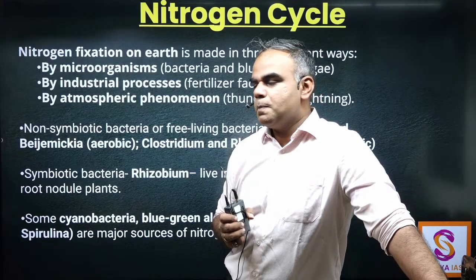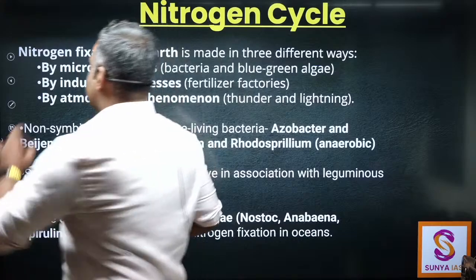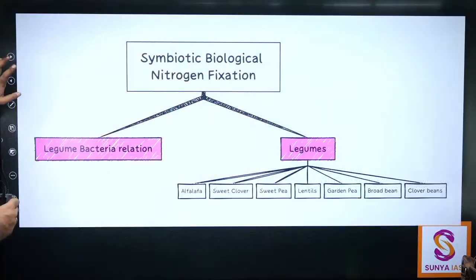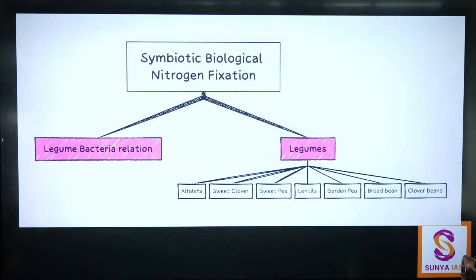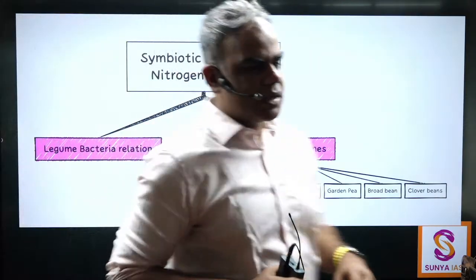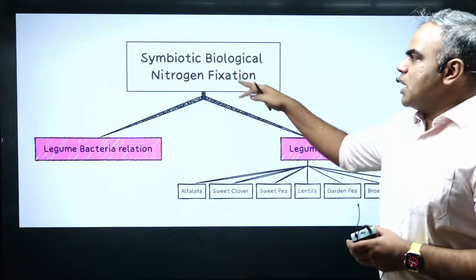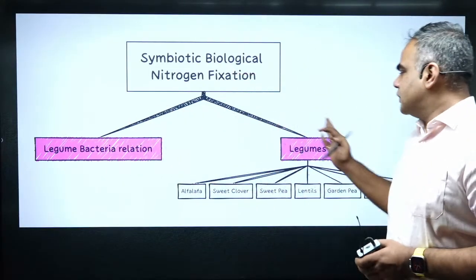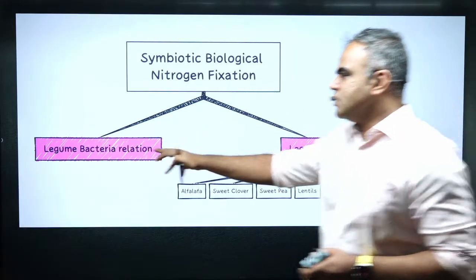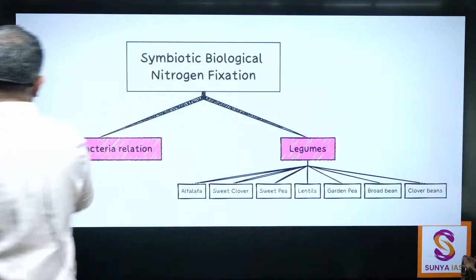Okay, that is one. Now, before I move to the next one, you can draw this. We've already covered it, but this is again a different way to present it. After that I'll move to the other part. Symbiotic association will have a bacteria, will have legumes. So which is the legume, which is the bacteria we are talking about?